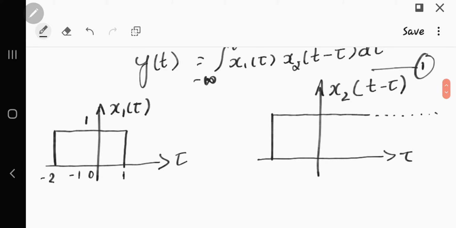So this is the starting index, which is our reference to take the limits. This will be defined as tau equal to t minus 2.